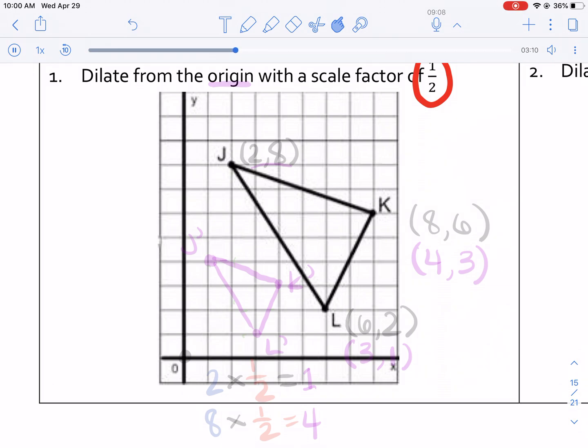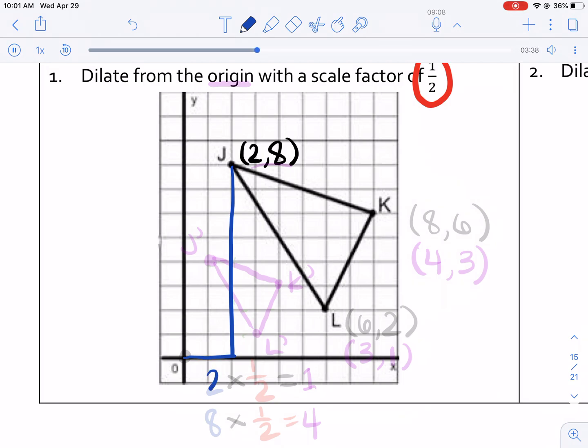I'm actually going to do it an easier way. J is at the point 2, 8. So I know that J originally goes 2 this way and then 8 this way. So I'm just going to have my distance by having both of the directions that it goes, and that will have the whole thing.